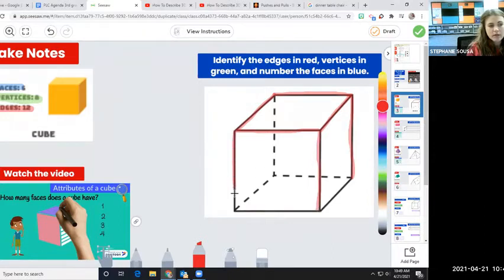So there are the 3 that we can see, and then there's the one in the back that is in that dotted line segment. So now we have 4 on top, 4 going down the side, so that's 4, 8. And then we also have 4 edges going along the bottom, where the bottom and the sides meet to form edges. So we have now traced 12 edges, or 12 line segments.